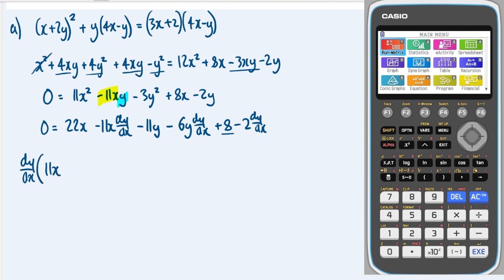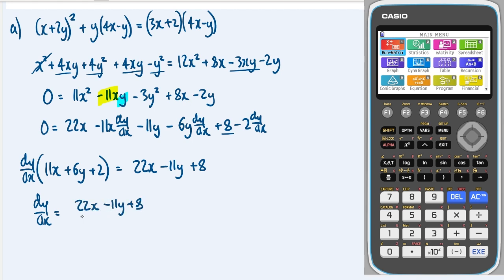Well, I've got 11x, I've got 6y, and I've got plus 2. And that leaves me with 22x minus 11y plus 8. And then all I need to do now is divide through by that factor. So I get 22x minus 11y plus 8 all over 11x plus 6y plus 2.